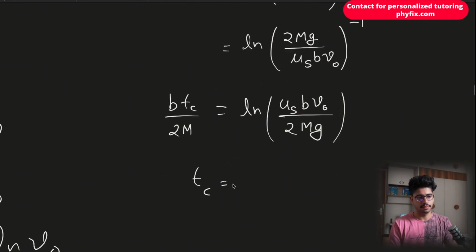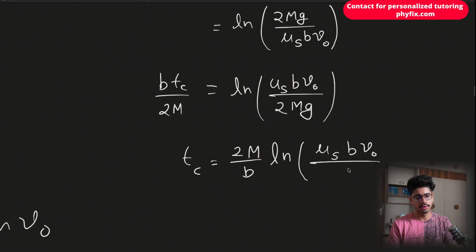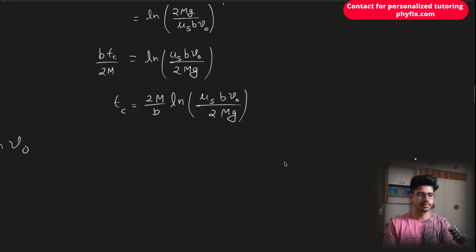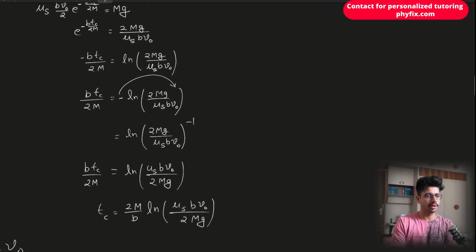So the critical time value is going to become ln of mu s to the b, and this is the expression that turned out to be.